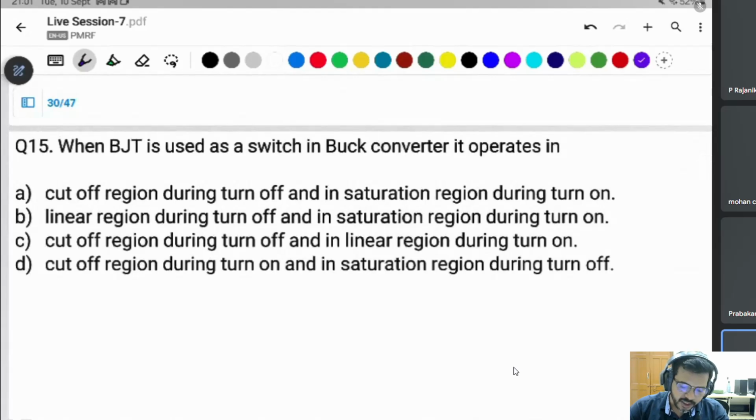When a BJT is used as a switch in a buck converter, in which regions does it operate? Cutoff region during turn off and saturation region during turn on; linear region during turn off and saturation region in turn on; cutoff region during turn off and linear region.